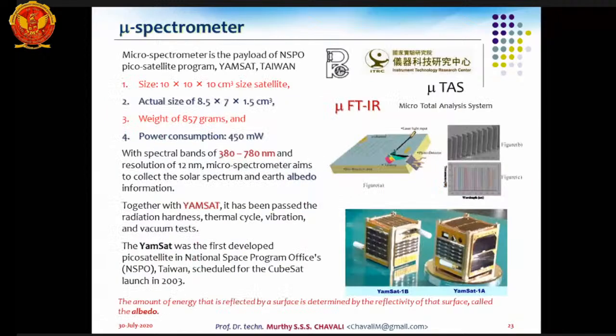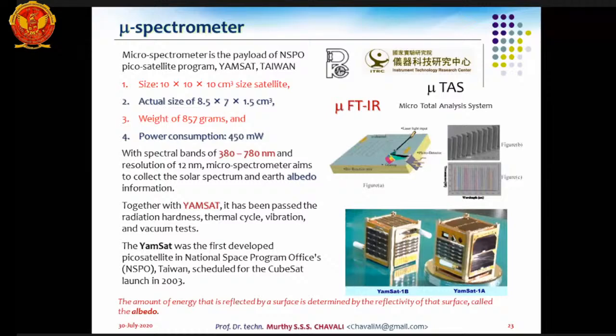And then we entered into another program where we want to have a small 1.5 centimeter FTIR, which we call a microspectrophotometer. This has been developed. I'm partially involved with this particular program, where they want to lift this FTIR into space.